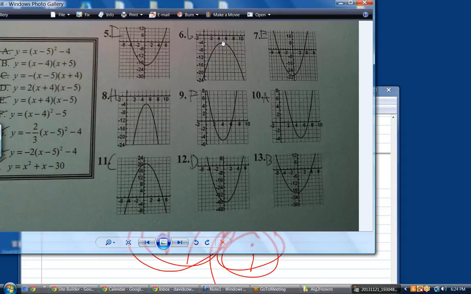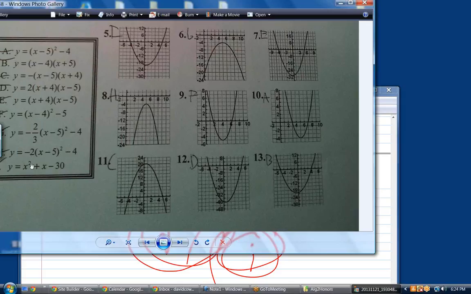And those are the only two vertexes at 5 minus 4. So which one is this one and which one is this one? The -2/3 is going to be 6. Correct. And the other one is going to be 8. Yes, the higher the absolute value of that number, the skinnier it is.